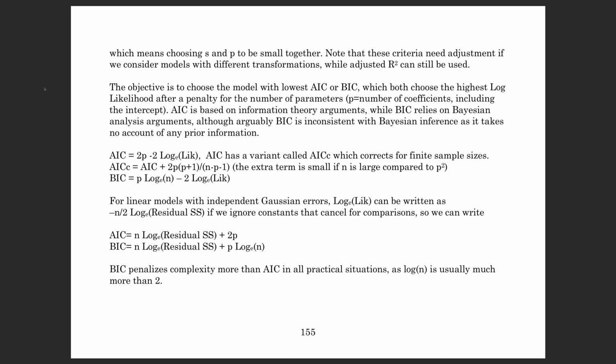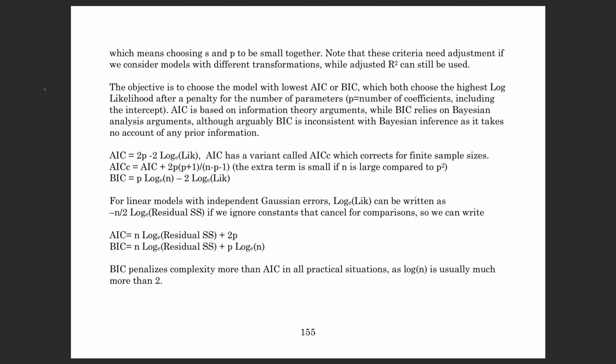So P is our number of coefficients including the intercept, so that's the total number of parameters. AIC and BIC are based on different theoretical arguments. AIC is based on an information theory argument. BIC is based on a Bayesian analysis argument, although there are some Bayesians who don't accept BIC because they say it takes no account of any prior information.